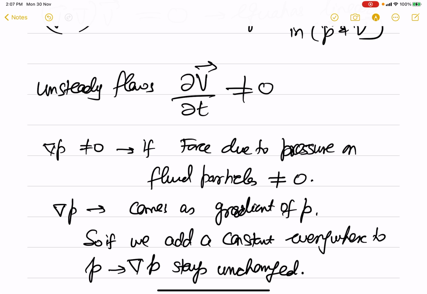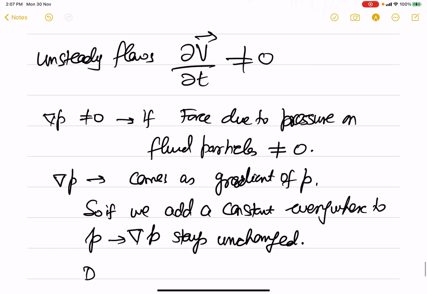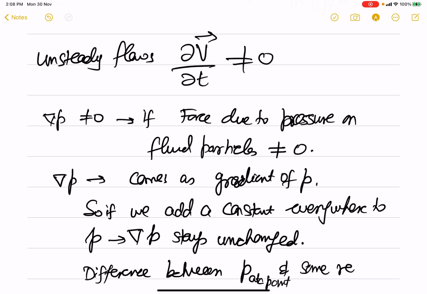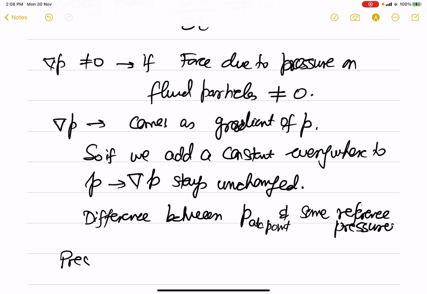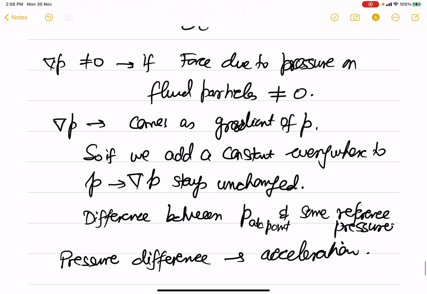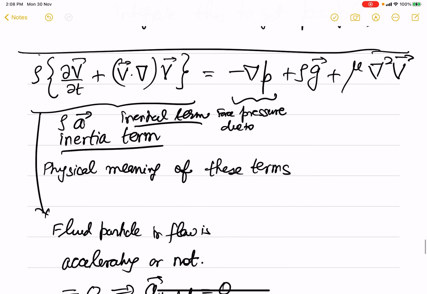And that is why we always talk of the difference between P at a point and some reference pressure. Because what is important is not the exact value of pressure, but the pressure difference, which causes acceleration. So it's the pressure difference which causes acceleration, not a uniform pressure. Okay. So this was the grad P term.